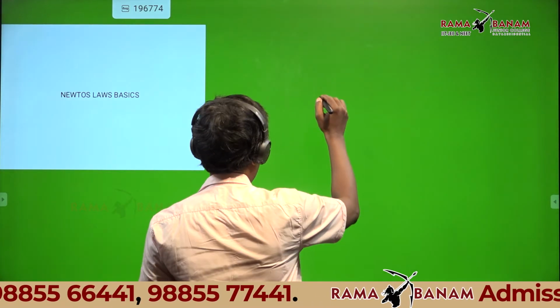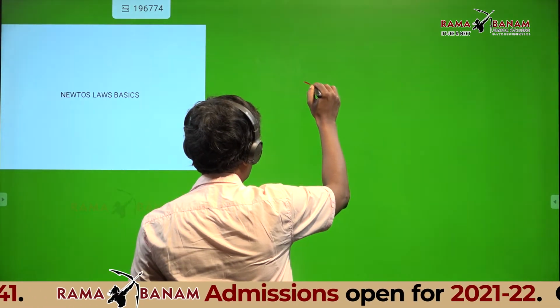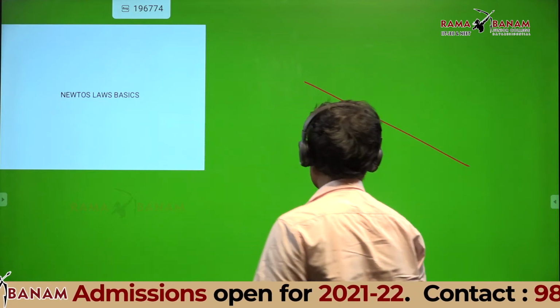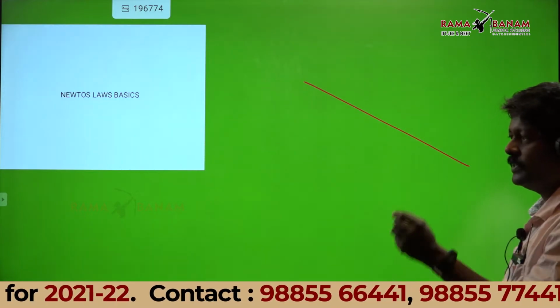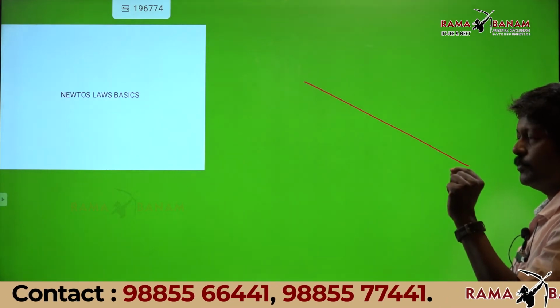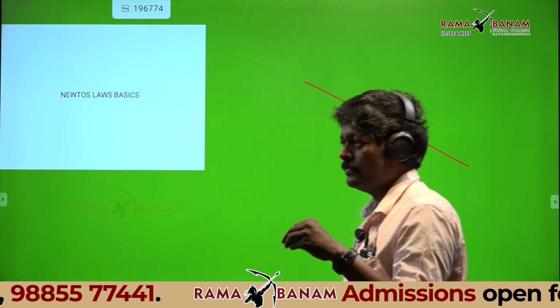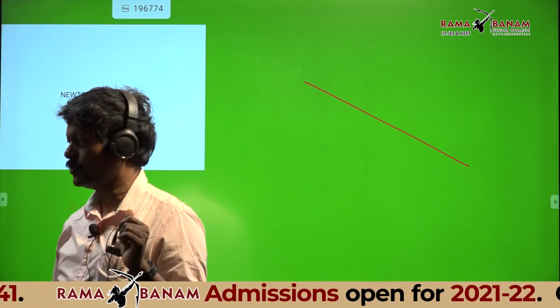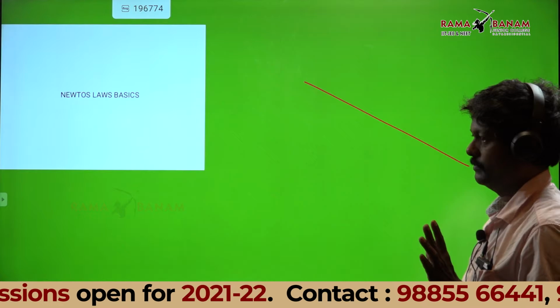Now if I take here, this is a slope, some inclined plane. Today we are going to touch small basics of graphs also. From today's class it is very important, because all should join. Afterwards, if you miss the graphs, you cannot understand.